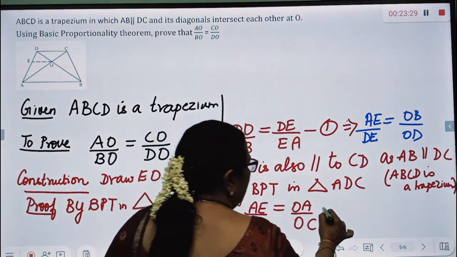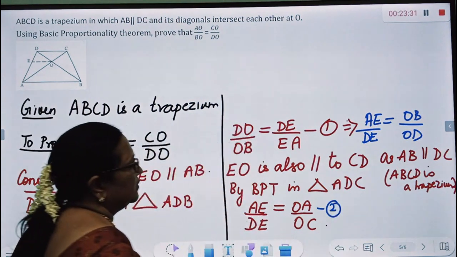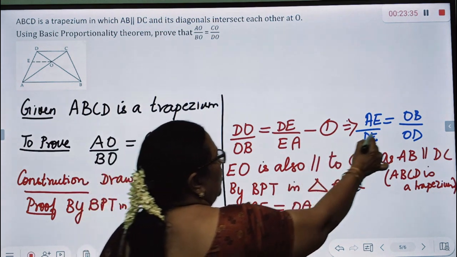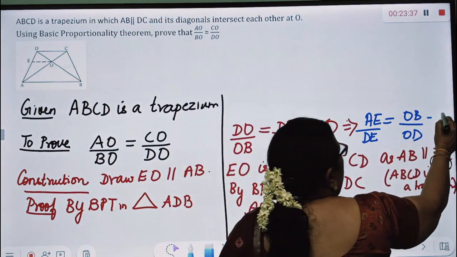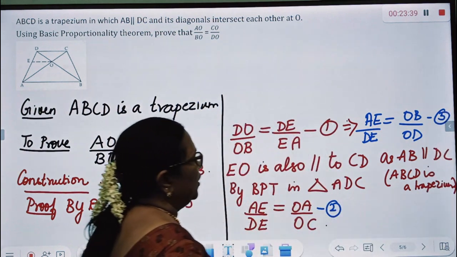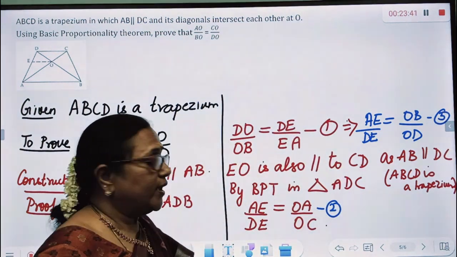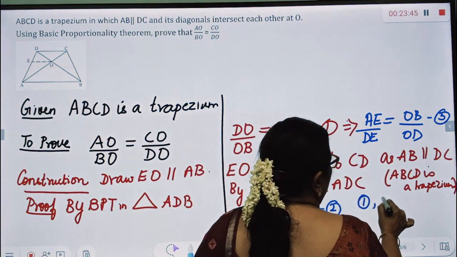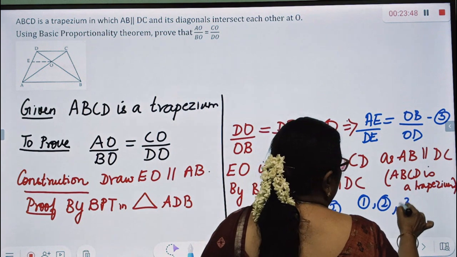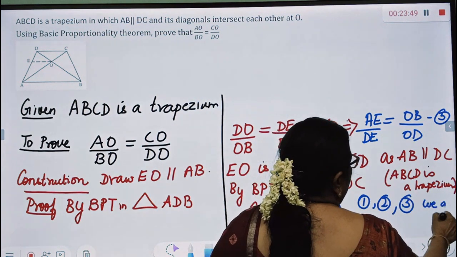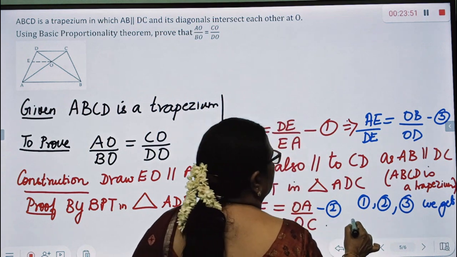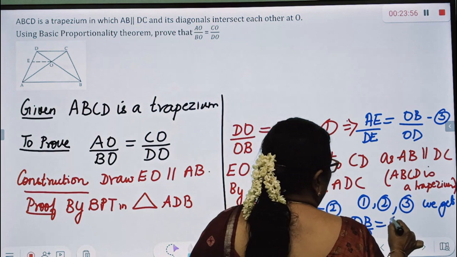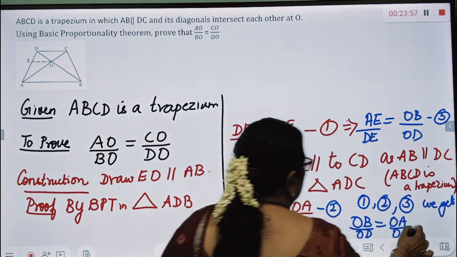This is what I got in triangle ADC. So, AE by DE, on one hand, is OB by OD. On the other hand, it is OA by OC. So, from 1, 2 and 3, what do you get? OB by OD is equal to OA by OC.